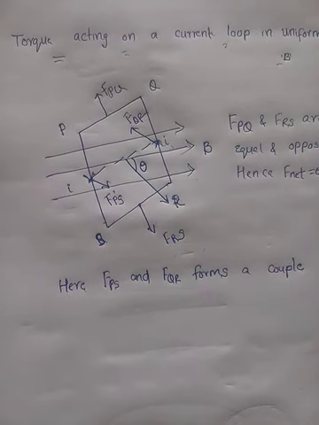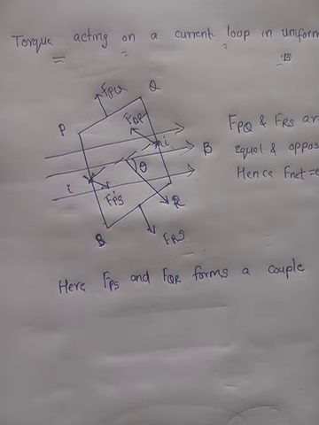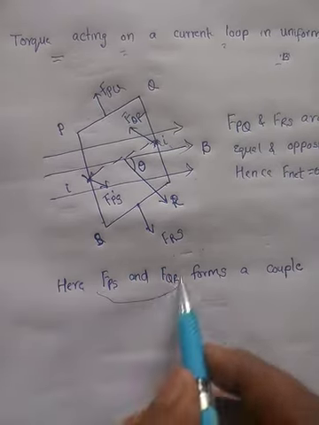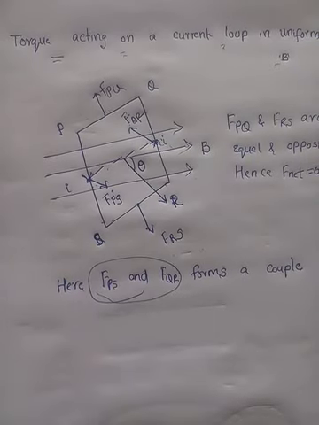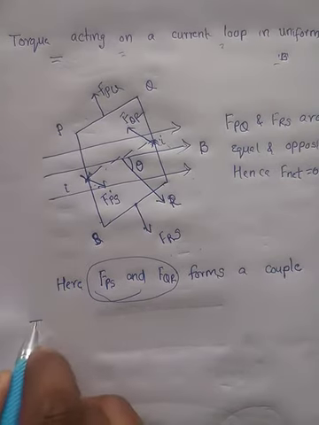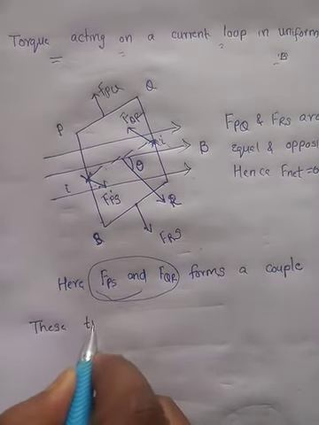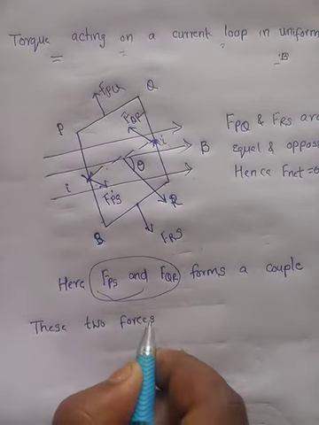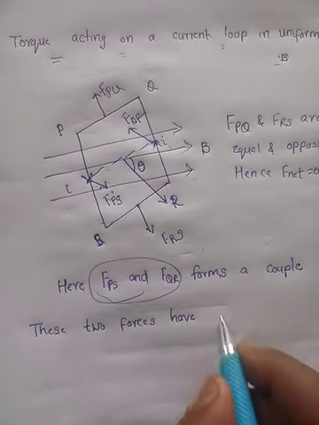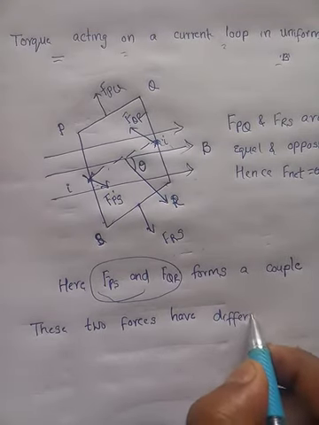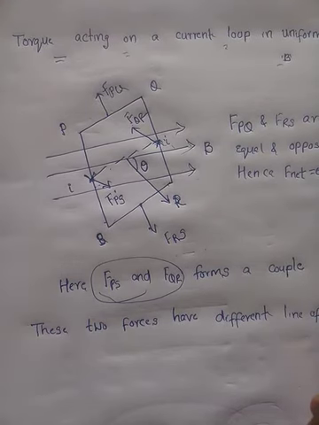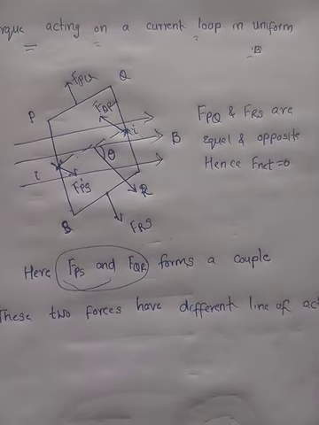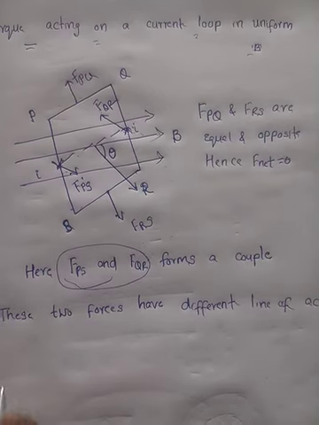These two equal and opposite forces have different lines of action, so they form a couple which deflects the coil, right?